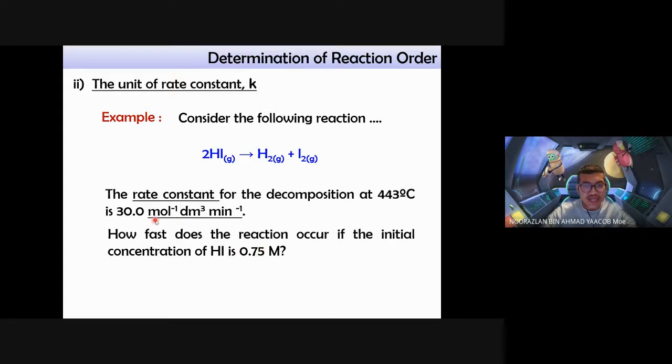Jadi kita kena tahu, kita dekat sini kita tahu dia punya K, tapi kita tak tahu HI ni to the power of berapa. Jadi untuk this kind of question, okay, so kita ada K dia, kita ada concentration of HI, kita tak tahu dia punya rate, ni kita nak cari rate lah. Kita tak tahu dia punya order of reaction with respect to HI tu berapa.